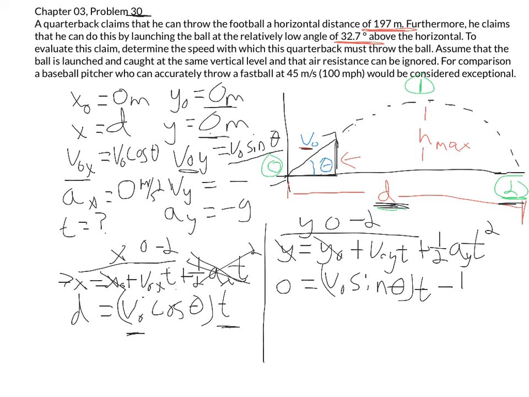Now we know g, we know theta, and so again we have an equation with only t and v as our two variables. Since we have two equations, we should be able to solve for our two unknowns. You could solve this for t and plug it into the equation over here. I'm going to leave it there. I trust your algebra skills, but if you need any additional hints, let me know.